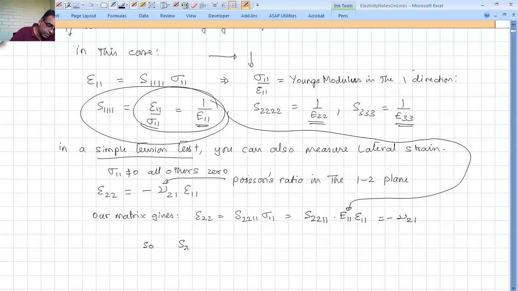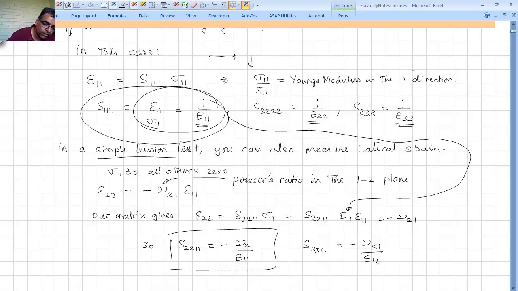So S2211 equals minus nu 21 over E11. If you do the same thing, you will see that S3311 equals minus nu 31 over E11.